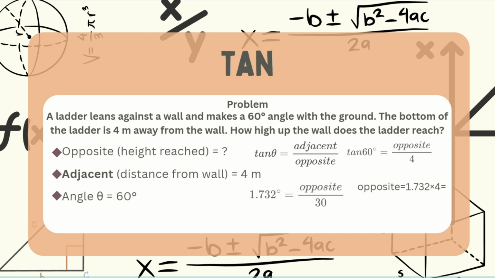So here the adjacent is below the opposite, and just like cosine, we have to multiply the angle by the adjacent, and here we will get the answer for the opposite, and all we have to do is multiply, which is 6.928.